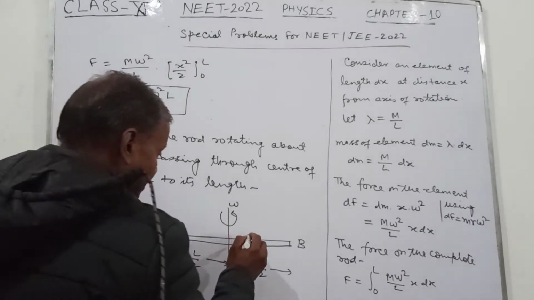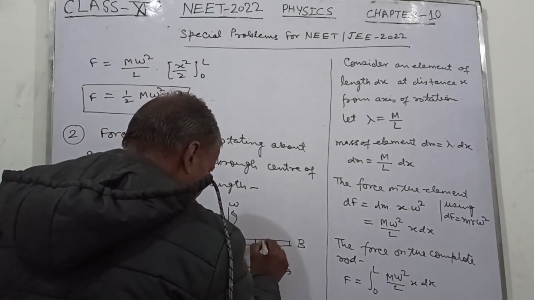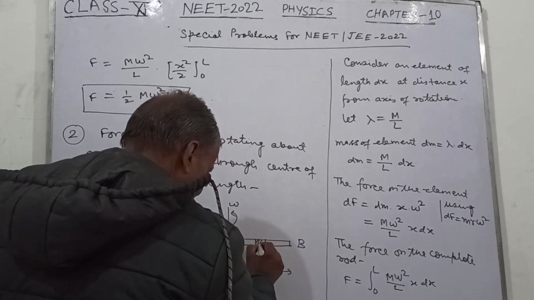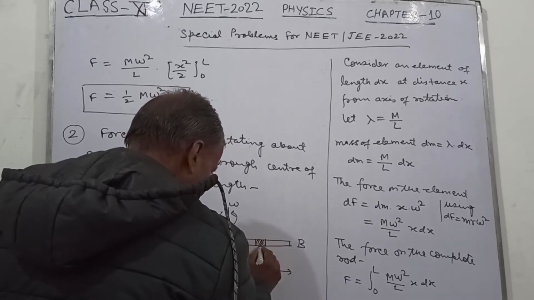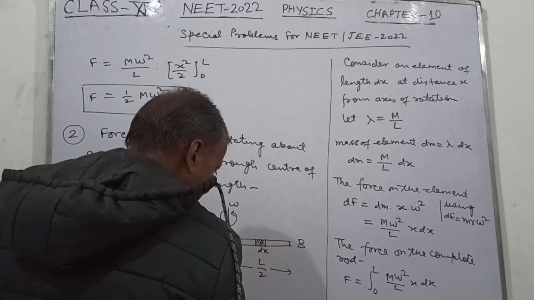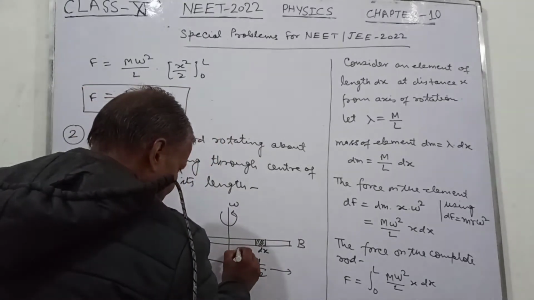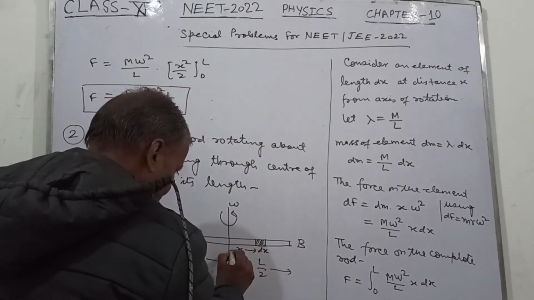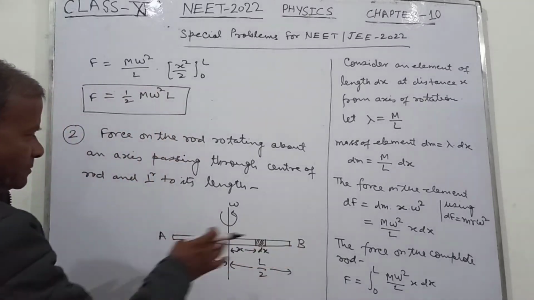So let us find. Suppose an element of thickness dx at a distance x from the axis of rotation.